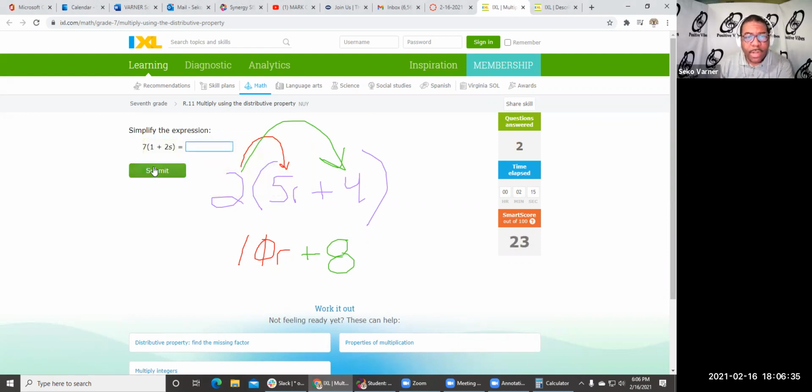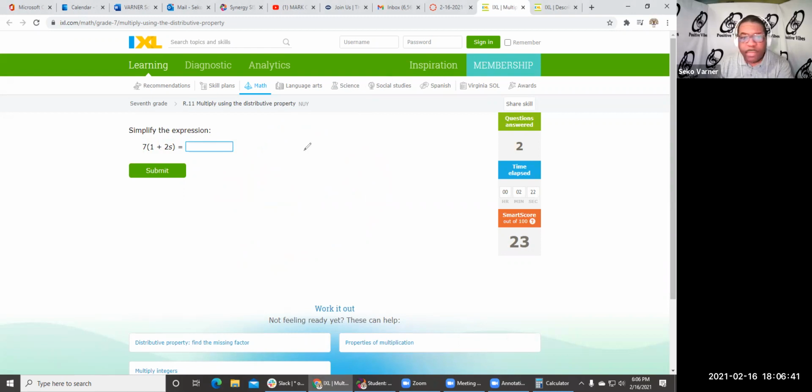Good work. All right. Now, here's the funny thing. In this particular problem, we can do a couple of things. You can have 7 distributed onto 1 plus 2s. You can put the 7 here, and you can distribute, or you can actually have the 7 behind.